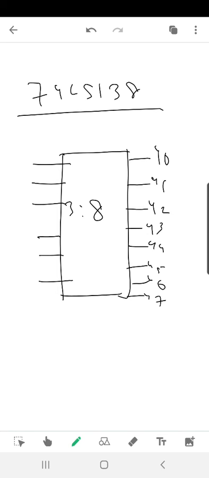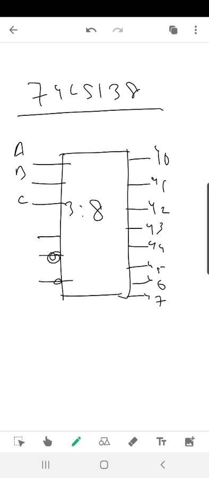For these 6 input lines, the first 3 lines represent our actual inputs, A, B, C. So these 3 lines will be used to provide the input. And these next 3 lines are actually our enable lines. When I talk about these enable lines, we have 2 enable lines which are active low.